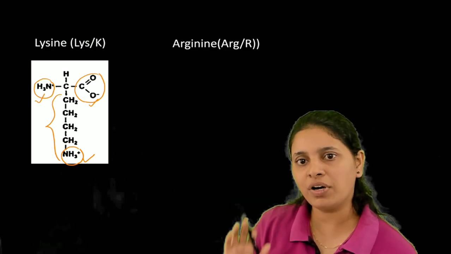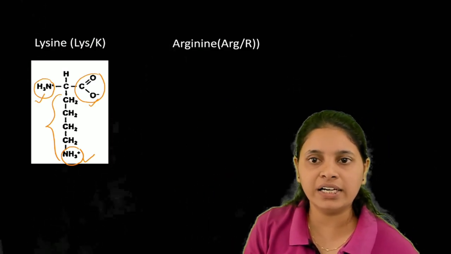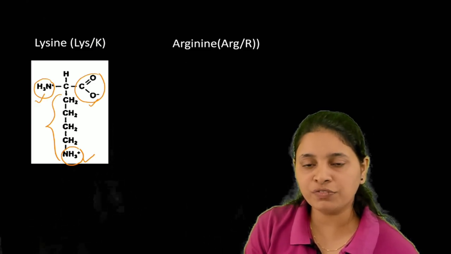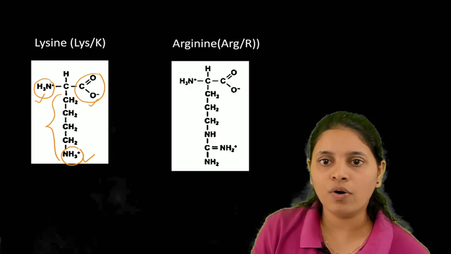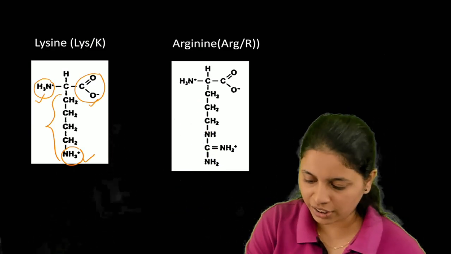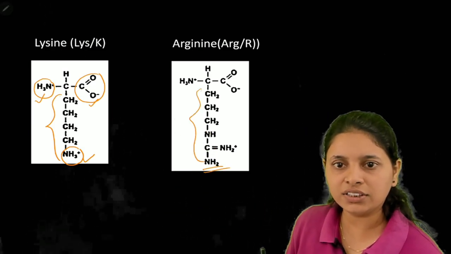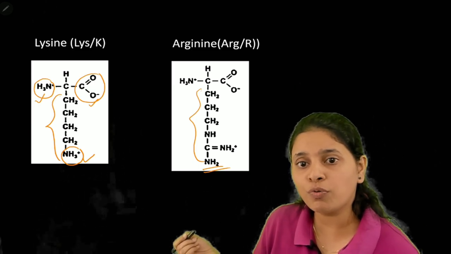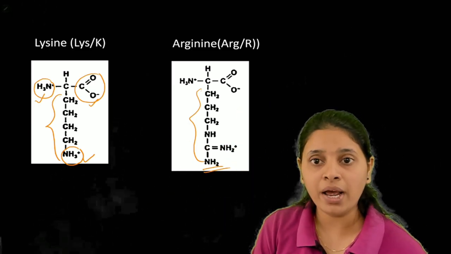Next amino acid, this is also a basic one, arginine, and the single letter code over here is R, because we have already used the letter A for alanine, right? So arginine, see the side chain and just observe, can you see the amine groups over here in the side chain? As there are extra amine groups, what will happen? The overall nature of the amino acid will be basic.